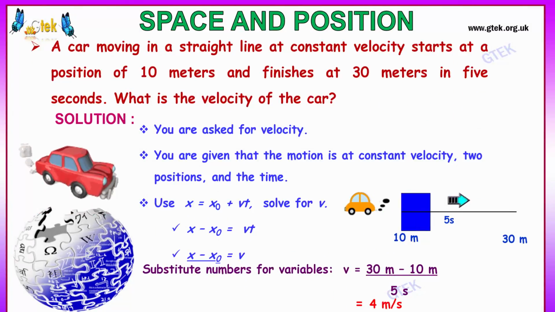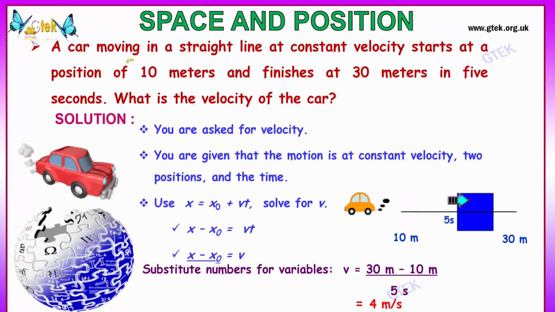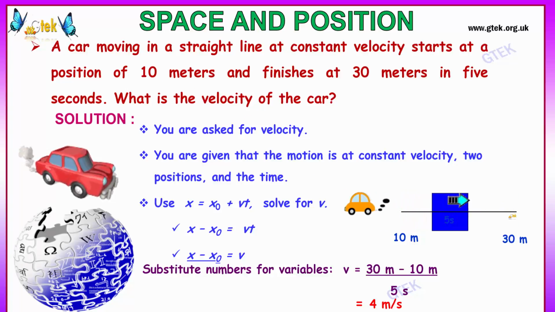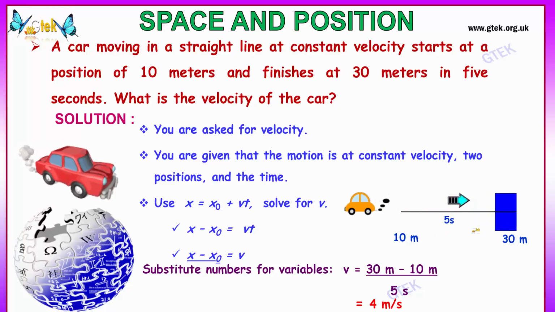So we'll see a small typical example of a car moving in a straight line at constant velocity. It starts at a position of 10 meters and finishes at 30 meters in 5 seconds. So the distance is 30 minus 10, that's 20. So you have two positions, x is equal to x0 plus vt.